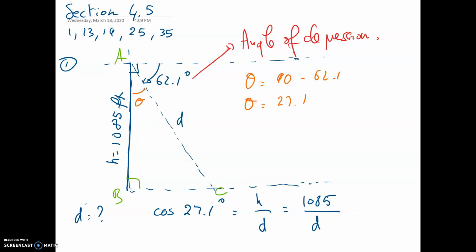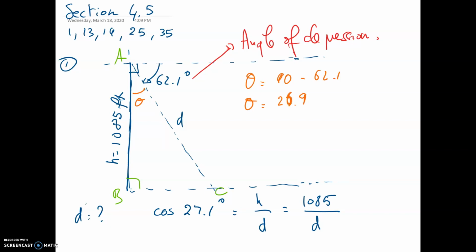So to find the angle theta, I'm just going to do 90 degrees minus 62.1, and I got 57. Actually, it's 57.9. See how we can make a tiny mistake. 57.9. Okay. 56.9 actually. It's 56.9.